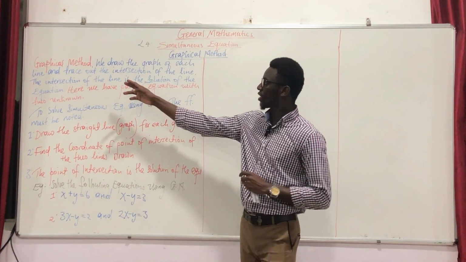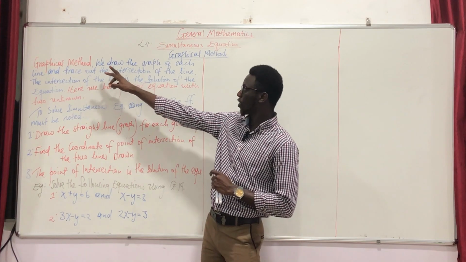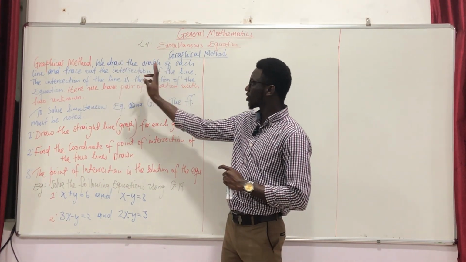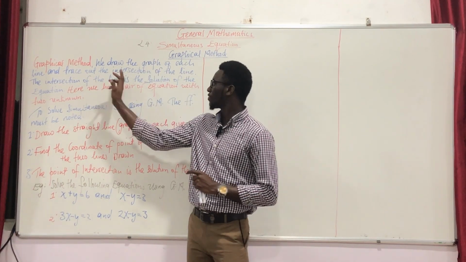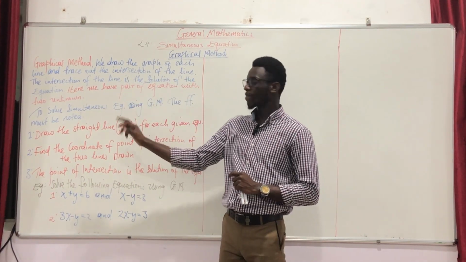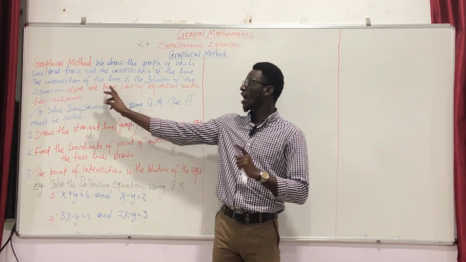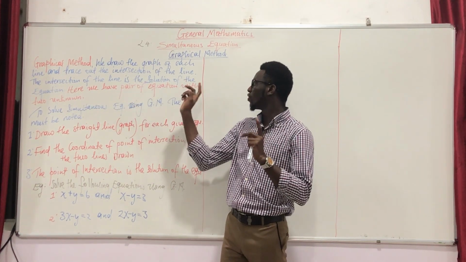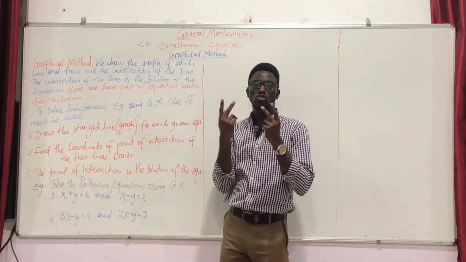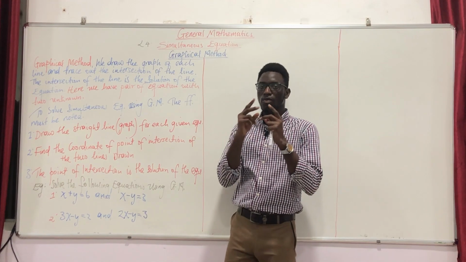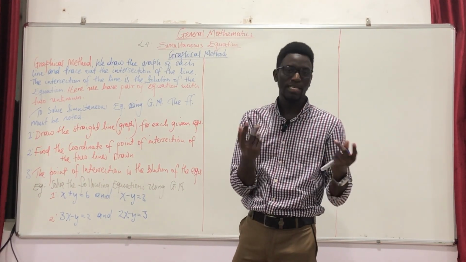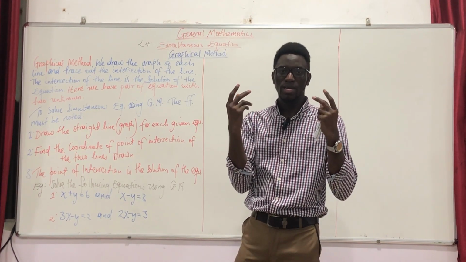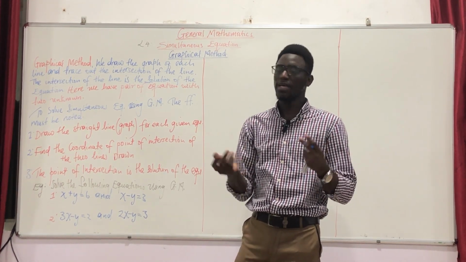So let's see on the board here. The graphical method: we draw the graph of each line and trace out the intersection of the lines. The intersection of the lines is the solution of the equation. Here we have a pair of equations that has two unknowns, that means x and y, or any letters you can use, either a or b or m or n.